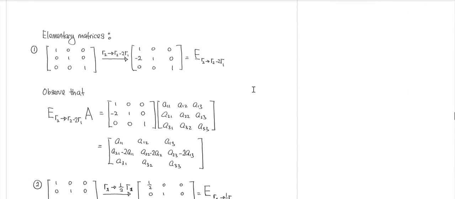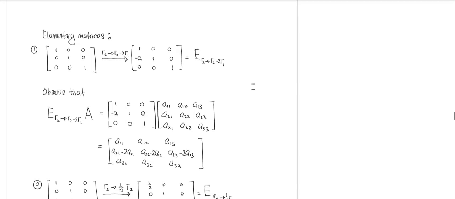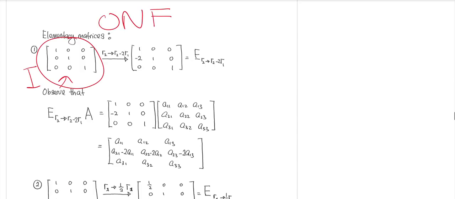Okay, this is the second section, where we talk about the concept of elementary matrices. The definition is pretty straightforward. If you start with an identity matrix, like this, let's say we look at a 3x3 case, the rest is the same, and you do one row operation on it, the key point is one row operation.